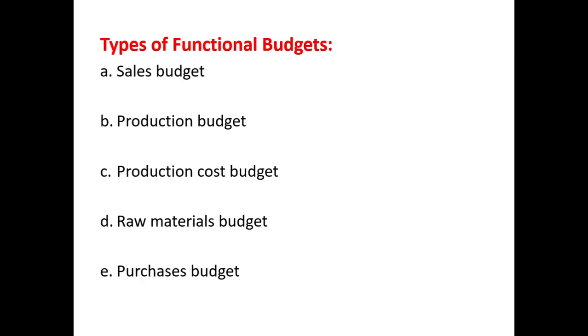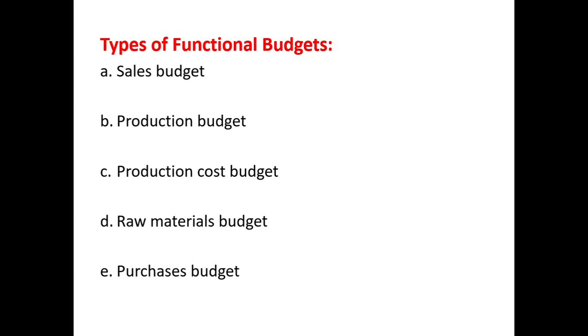Then what are the types of functional budget? These are all very important budgets. The first type of functional budget is sales budget. The second is production budget. And the third is production cost budget. There is a difference between the production budget and production cost budget.